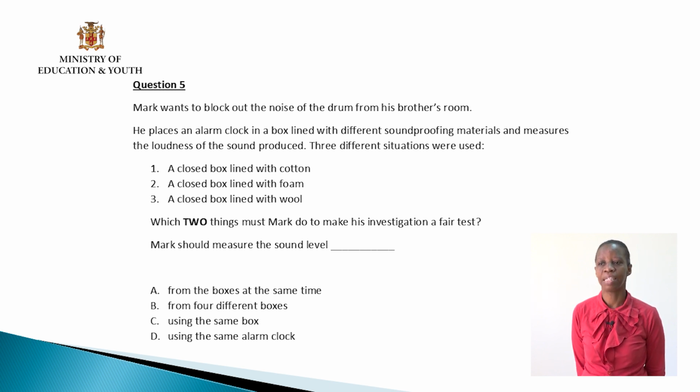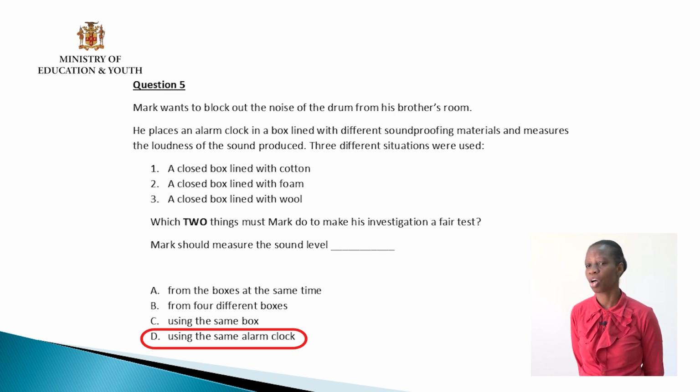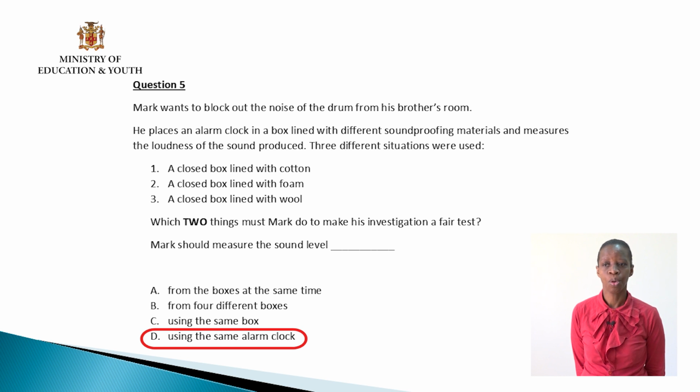So if he's trying to see which material is best, all that should be changing is just the different materials, right? But he should use the same alarm clock, shouldn't he? Of course. Because if you use the phone in one and the alarm clock in the other, then that is not a fair test. What else should he keep the same?